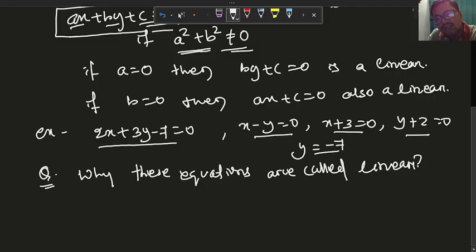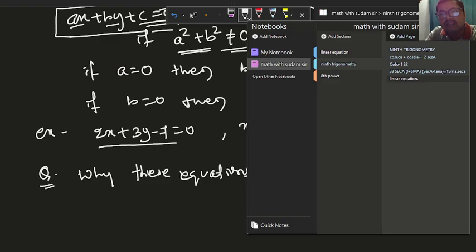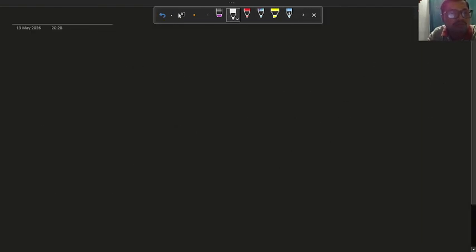What does this equation mean? Let's graph it. Suppose here is the equation x minus y plus 2 equal to 0. If I arrange it in such a way, y equal to x plus 2. Clear?